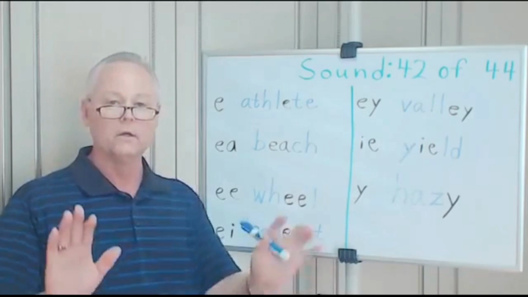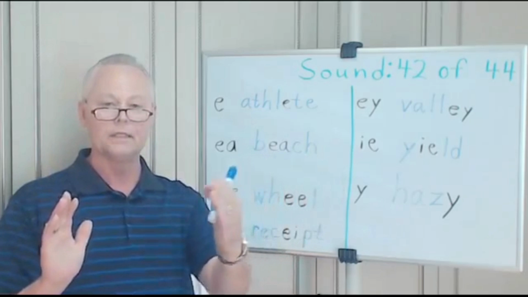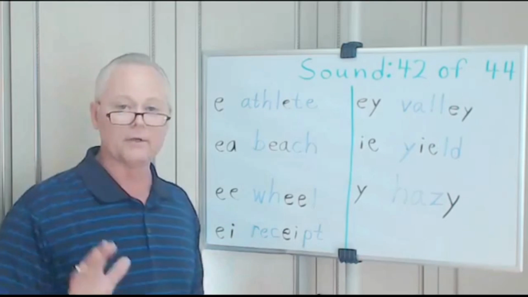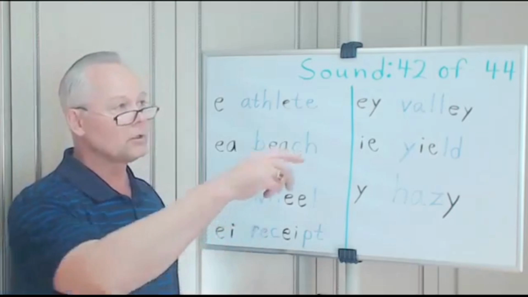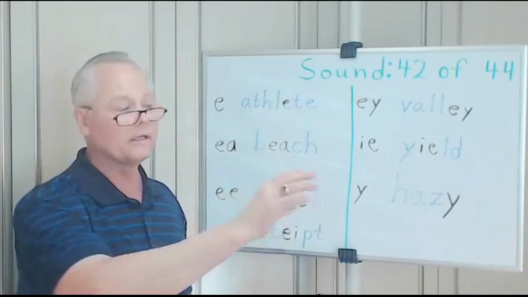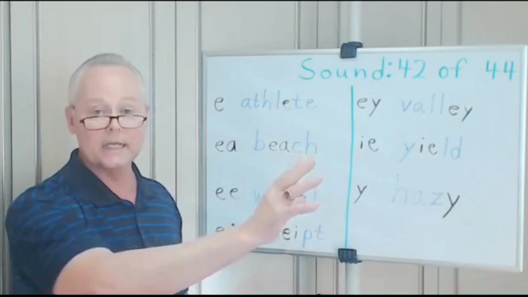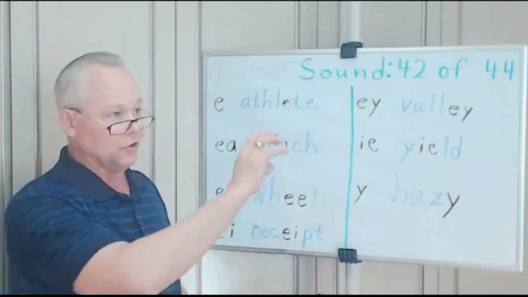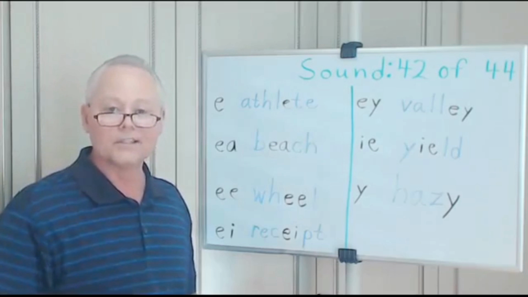Yield means, whoa, stop. Let someone go by first. Like if you're out driving, you come to an intersection, maybe there's no stoplight, no traffic light, no red stop sign, but there might be a big yellow triangle yield sign, at least in the United States.